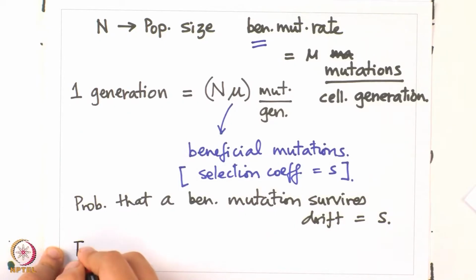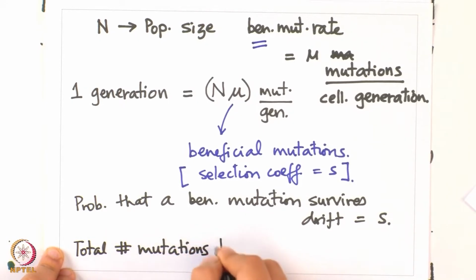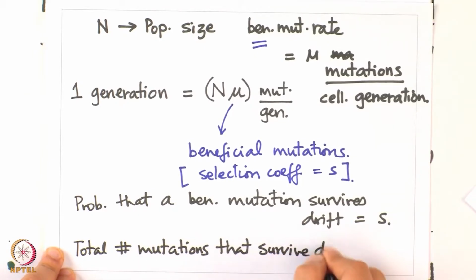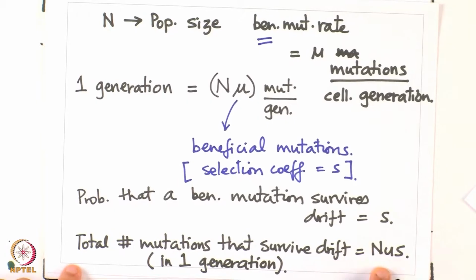So, in one generation time, the total number of mutations that survive drift is just equal to n mu S. And I should re-emphasize that this is in one generation time only. So, in one generation time I have n mu S number of mutations which survive drift and get established.